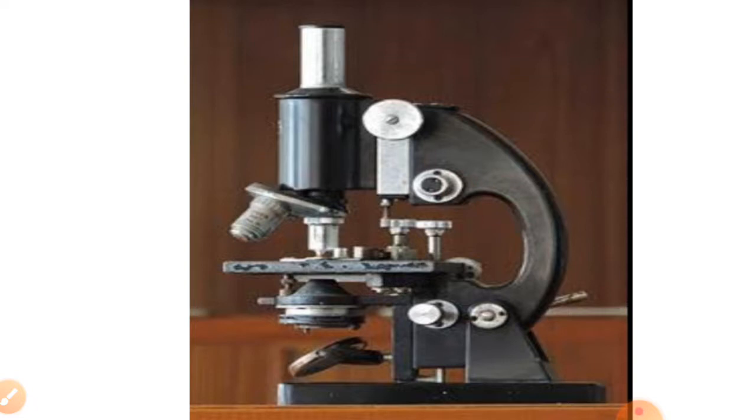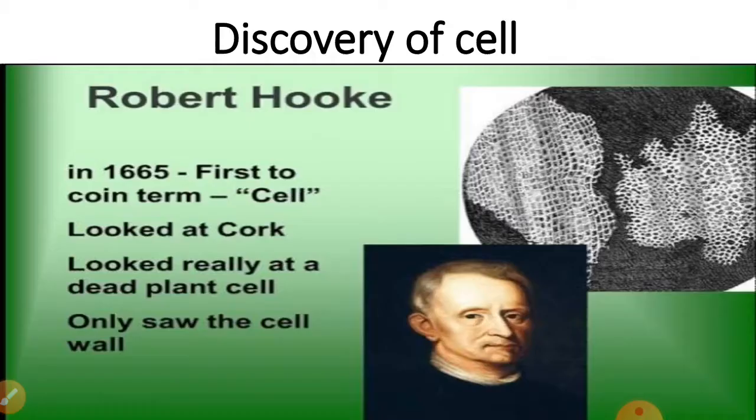But who discovered the cell? Here this man is Robert Hooke. Robert Hooke is an Englishman, and he discovered the cell in 1665. He observed a slice of cork under a microscope.